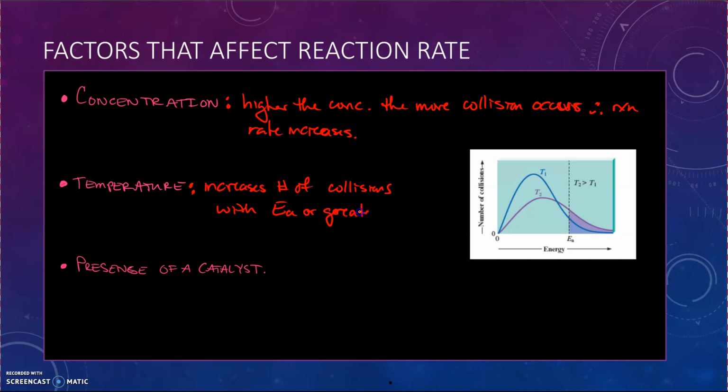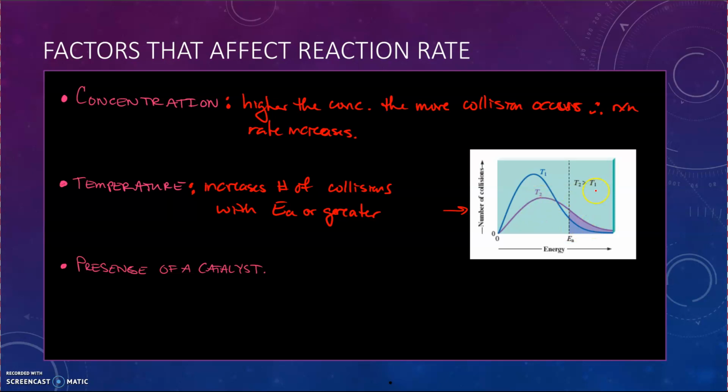Okay, and to understand this, we can look at our old friend, the Maxwell-Boltzmann distribution. We talked about this when we talked about the kinetic theory of matter, and a little bit about gases. This is the idea that you can plot the number of molecules versus energy. In this case, it's the number of collisions versus energy. And as we increase the energy, there's a shift in this distribution.